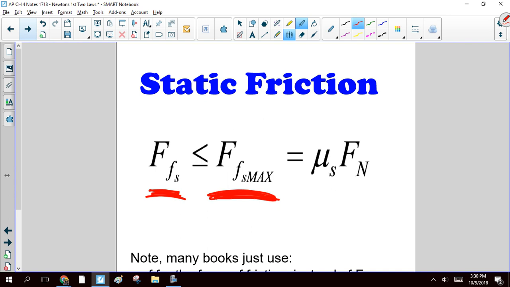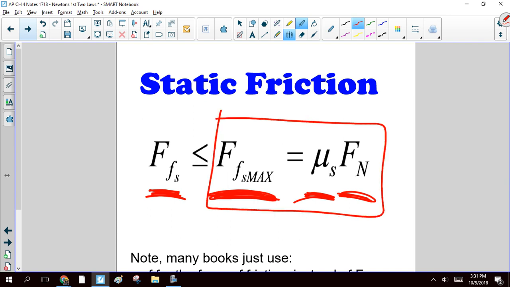And to calculate that maximum value, you multiply the coefficient of static friction by the normal force, okay? So usually what we have done in the past is you calculate this to figure out how much force static friction can exert, and then you just know that friction is lazy and it'll always exert some amount less than whatever the max is, okay?